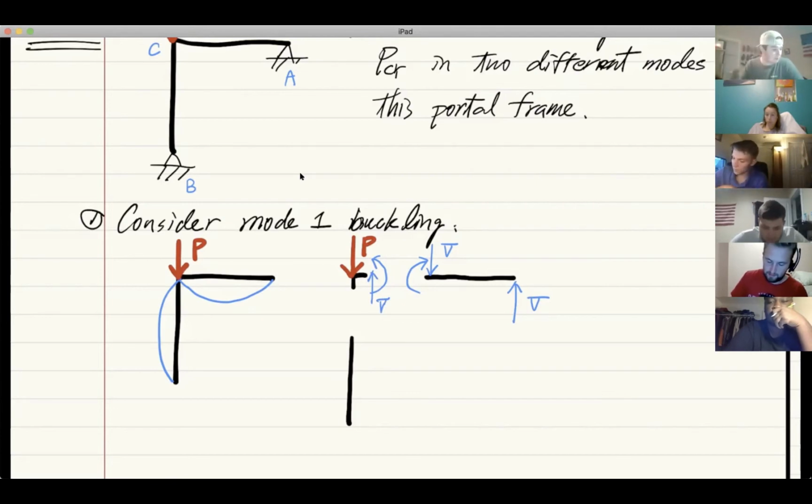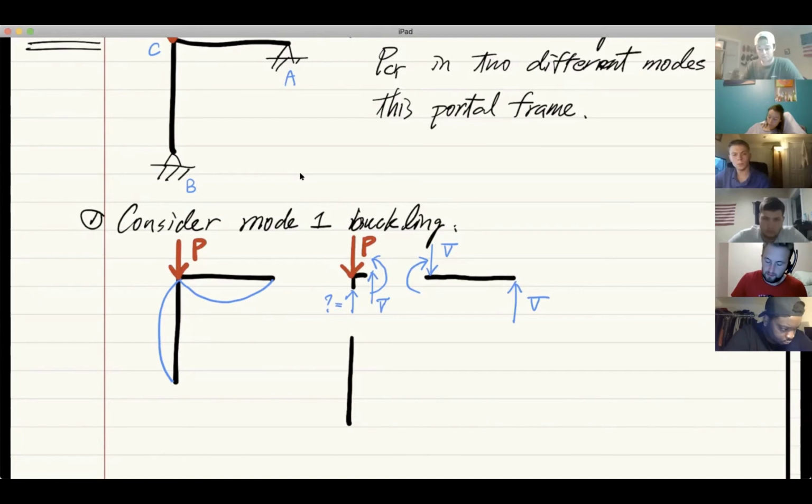Now, here comes the interesting part. If at one point it has a P and at another end it has a V, what is the internal action right here? What is this one? Should be down. P minus V. Yes, P minus V, right?